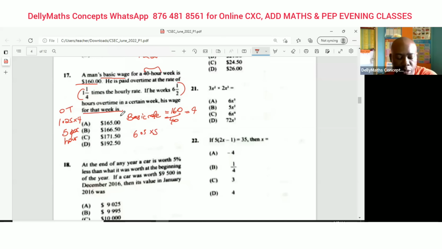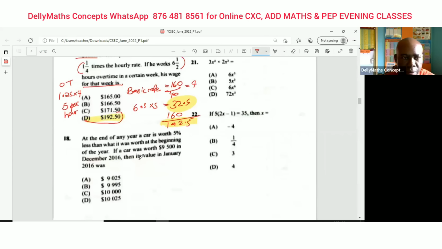And this is about $32.50. So this is the money that he made on overtime. That's his overtime money right there. So now you add that to the 160. So you could see $192.50 would have been there for that, right? So that is his answer right there.